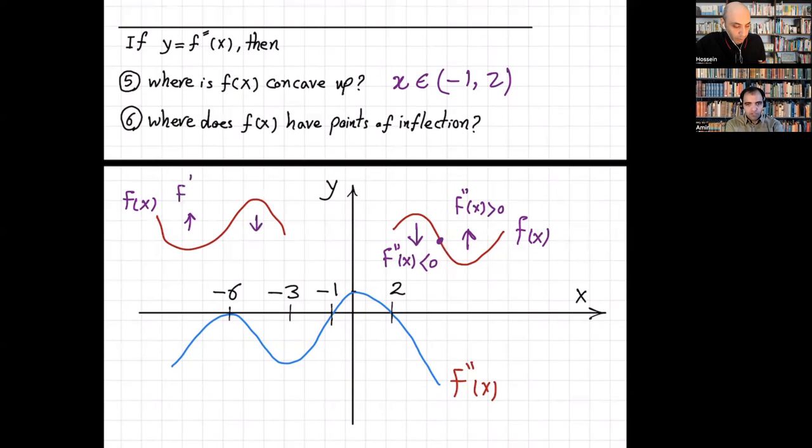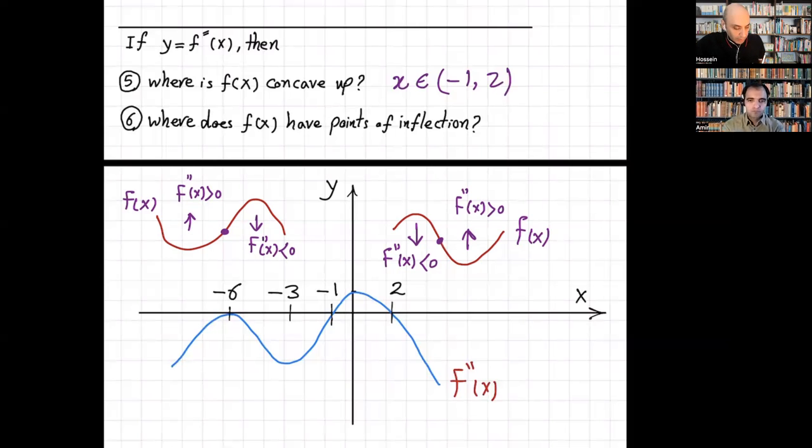So f double prime of x is positive, and then after the inflection point, we have a change of curvature, a change to negative. So wherever you have a change of the sign of f double prime, we have a curve of f double prime, the second derivative. We need to see where it crosses the x-axis, going from negative to positive or positive to negative.